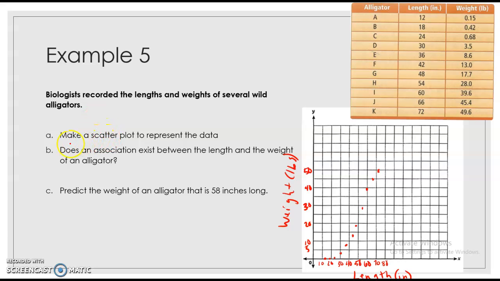All right, so I did A, make a scatter plot to represent the data. B, does an association exist between the length and the weight for the alligator? And I would say yes, and it's a positive association.